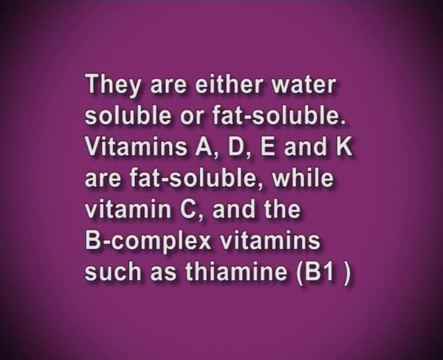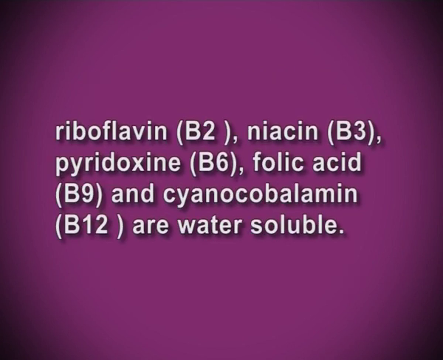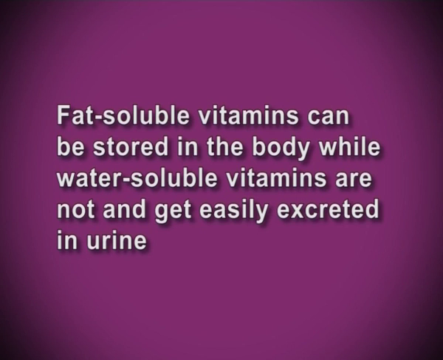Vitamins A, D, E and K are fat soluble, while vitamin C and the B complex vitamins such as thiamine, B1, riboflavin, B2, niacin, B3, pyridoxine, B6, folic acid, B9 and cyanocobalamin, B12 are water soluble in nature. Fat soluble vitamins can be stored in the body, while water soluble vitamins are not and get easily excreted in the urine.